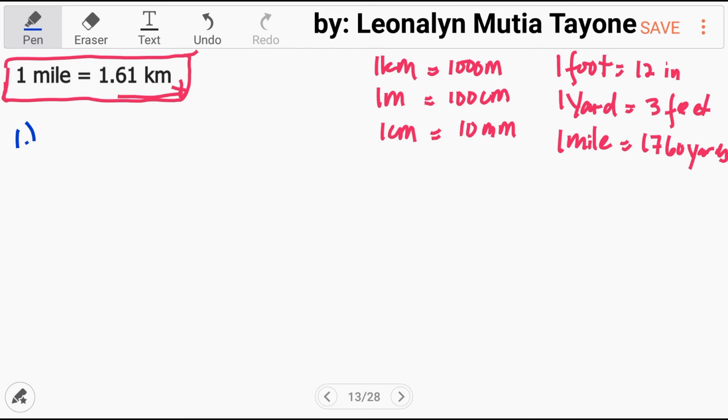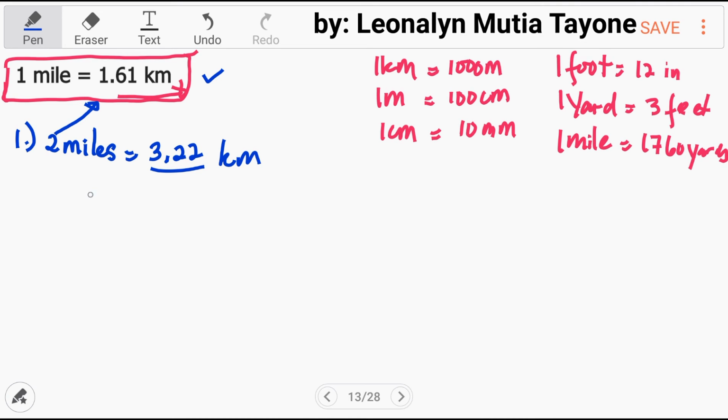Example number 1. 2 miles. I-convert natin to kilometers. I-multiply mo lang yan siya. Nandyan lang naman sa given na ang 1 mile is equals to 1.61. So this is 3.22 kilometers.